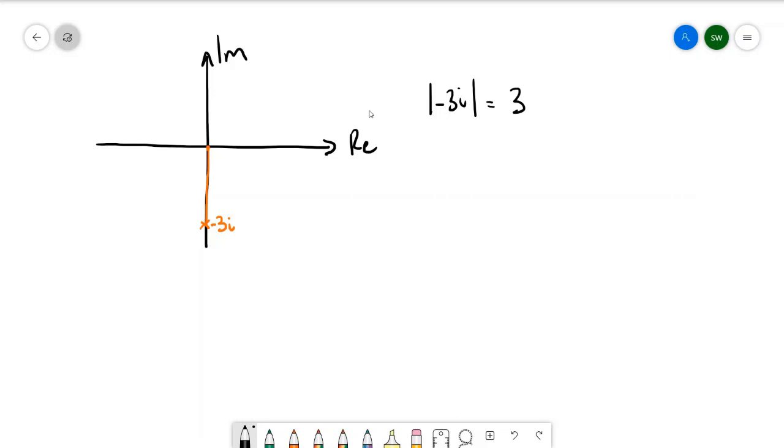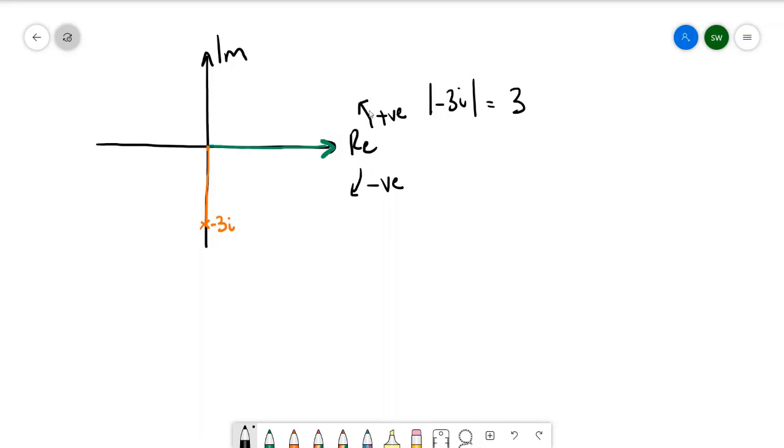The argument is a little bit more complicated. Remember, the argument is measured from the positive real axis. So we're measuring our angle from that green line there. And if we turn in that direction, then that's positive. So anti-clockwise is positive. And if we turn in the clockwise direction from that green line, we're turning in the negative direction.